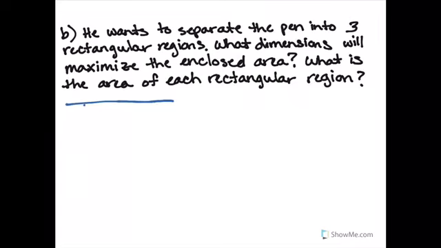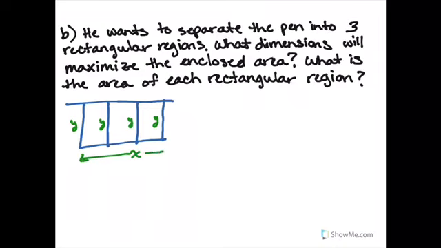So I got my side of my barn. And now I'm going to take my rectangle and separate it into 3 regions. So now I have y there, and there, and there, and there. And we'll make that whole thing x.